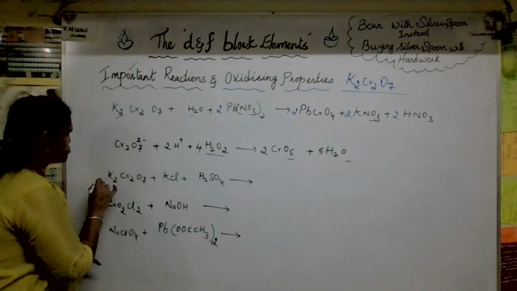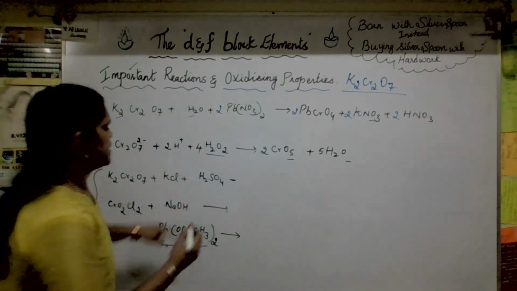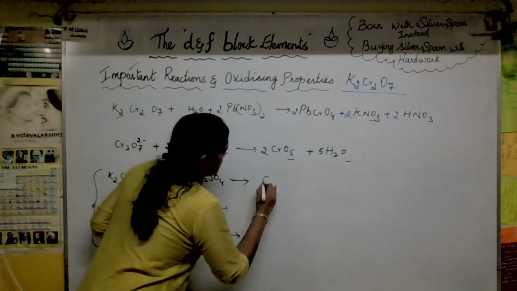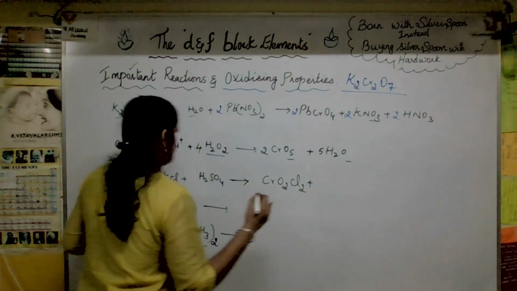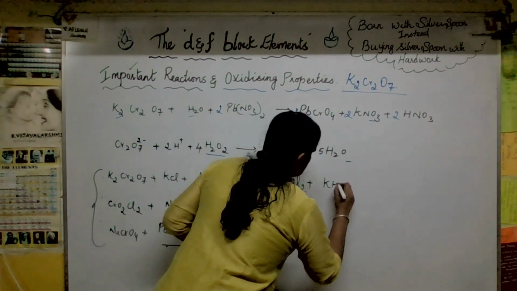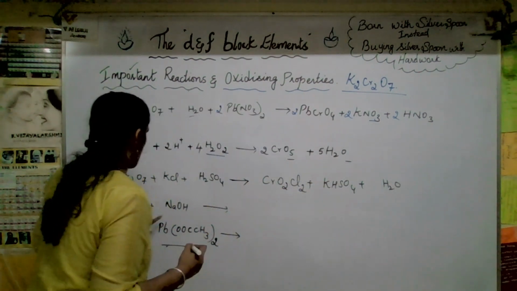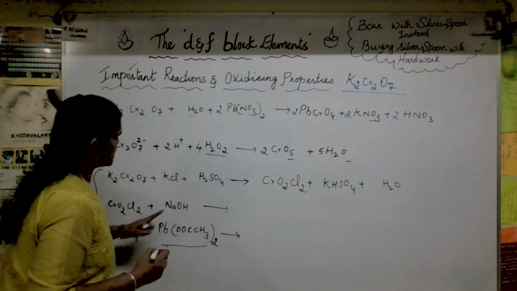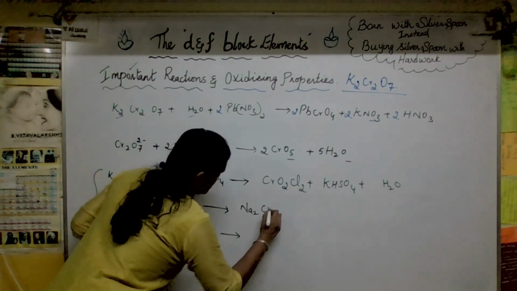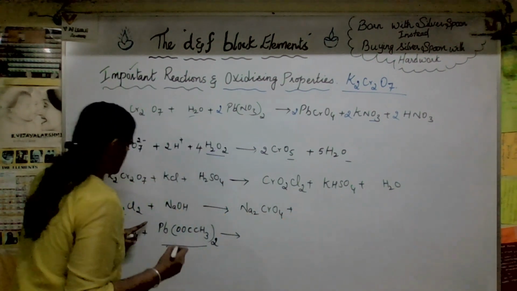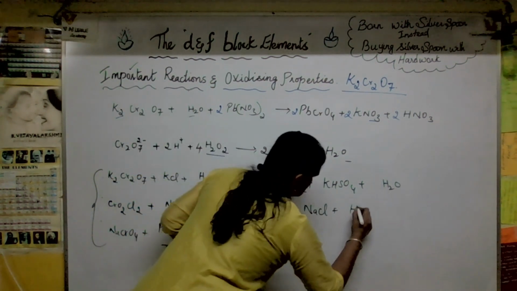Now, actually, this is a chain reaction. K2Cr2O7 plus KCl plus H2SO4. You will get chromyl chloride, CrO2Cl2, plus KHSO4 plus H2O. Right? Okay, now next one, CrO2Cl2 plus NaOH, you will get Na2CrO4 plus NaCl plus H2O.